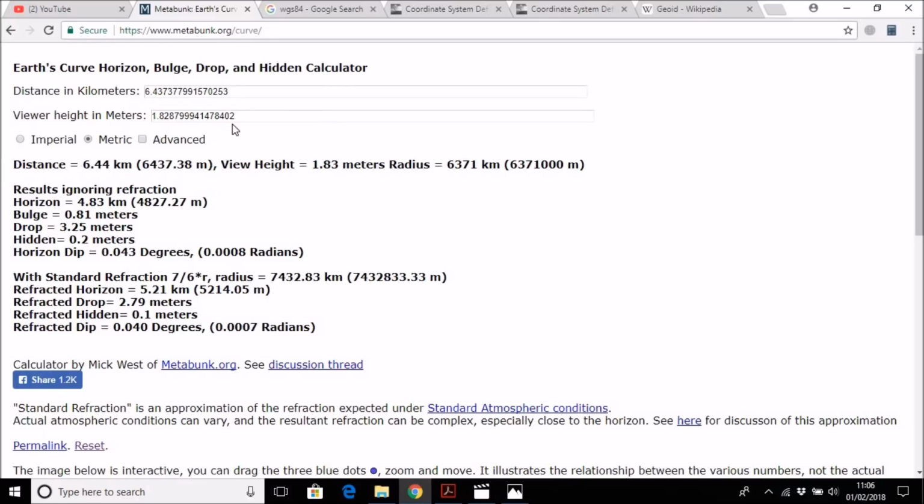That what is predicted by the Metabunk calculator matches fairly well what we observe in reality, and that's fine as long as you understand that all you're doing is trying to do something that is an approximation, that it gets close to matching reality without necessarily matching reality perfectly. And the amount of the error will be affected by many different things.